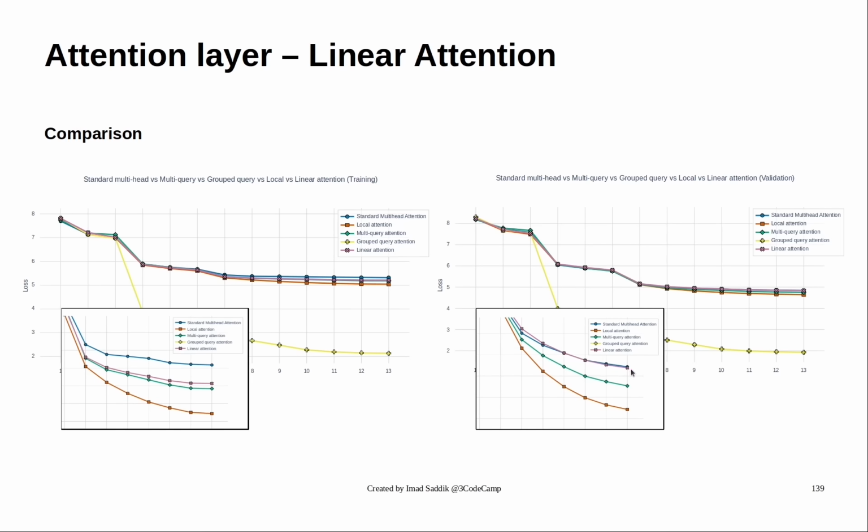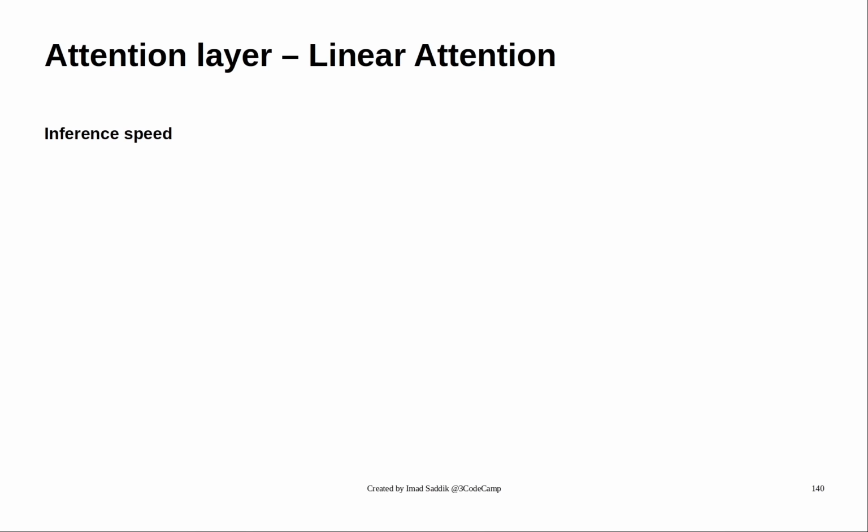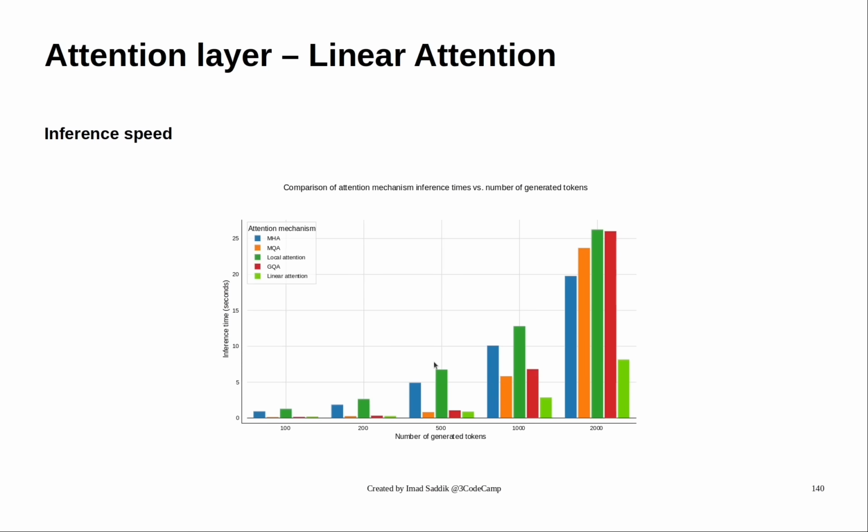So you can see here in validation, both MHA and linear attention are very close to each other. So even though it is comparable, it's not the best method in our benchmarking. But you can see that we have a method that works very fast and gives us the same performance as multi-head attention.